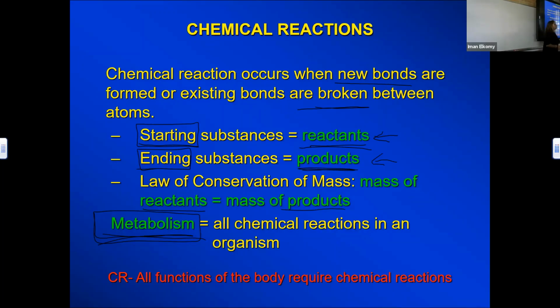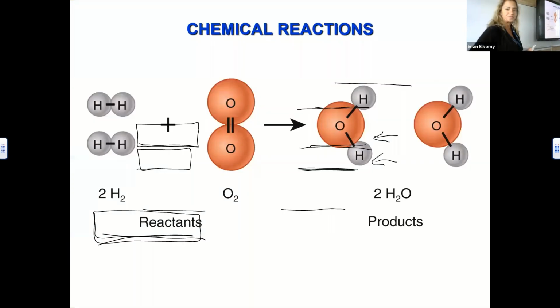You start with reactants, you end up with products. You conserve mass either way, so the mass of your products should equal the mass of your reactants, and vice versa. All of that is called metabolism. Any chemical reaction in the body is metabolism.